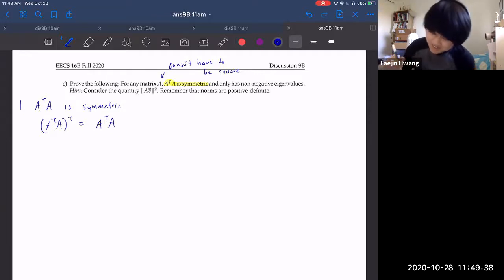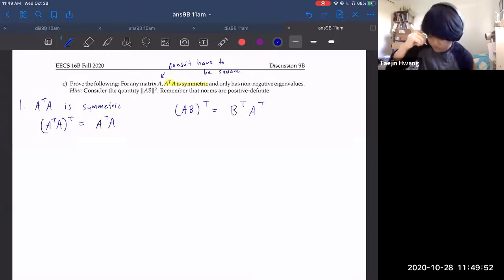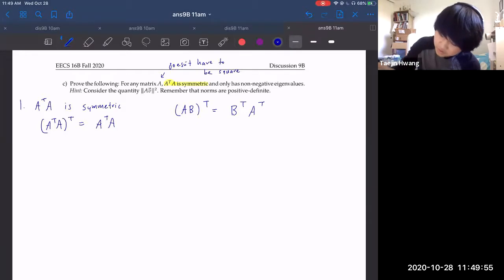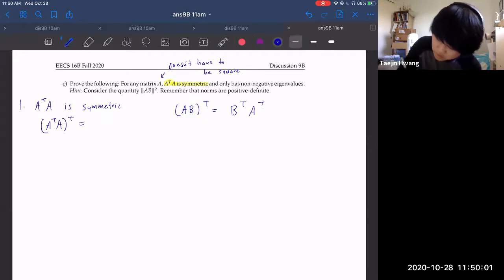So if we remember the properties of transposes, you might recall that if you have the product of two matrices AB and you take the transpose, this is equal to B transpose times A transpose. Let's do the same thing here where we need to swap the order of the two.